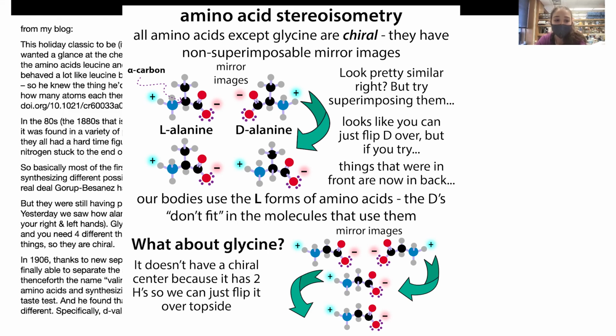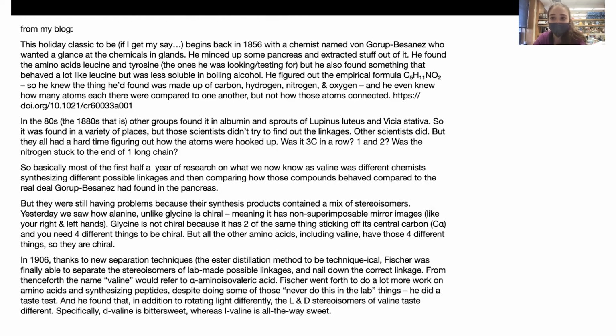But then in 1906, new separation techniques came along, and then he was able to separate those stereoisomers, so separate the L and the D, and nail down the correct linkage. And so this was Fischer, and so from thenceforth, the name valine would refer to alpha amino isovaleric acid.